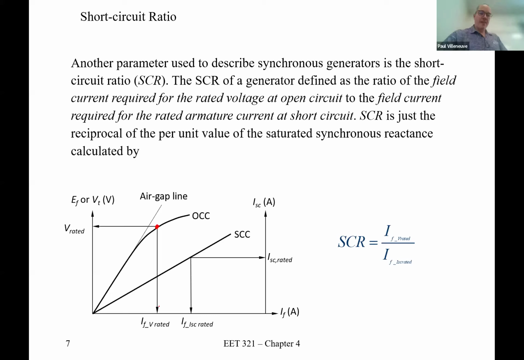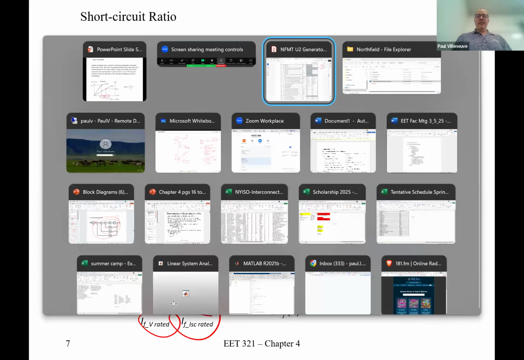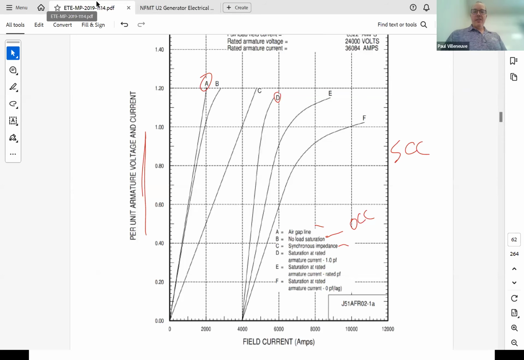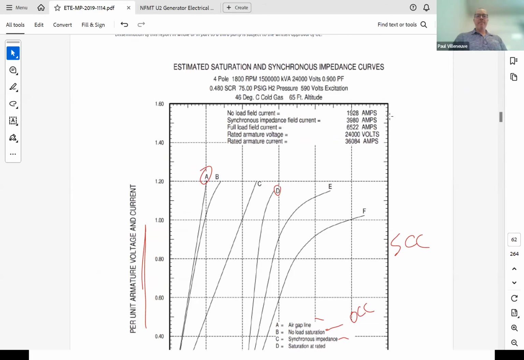So I pull that, and then this is my field current to get to rated voltage on the open circuit line. Here's my rated current on the short circuit condition. So I'm going to get this value here, and then I divide that out. If you look at this data sheet here, you'll notice that it told us the short circuit ratio of 0.480.